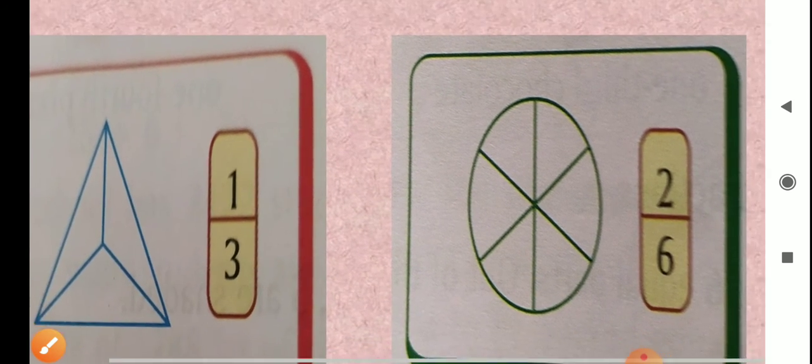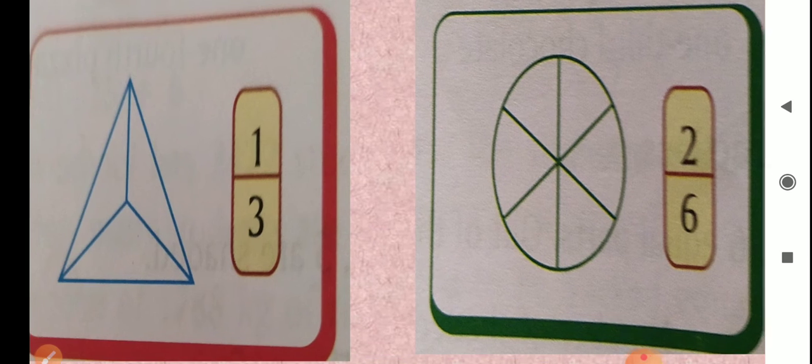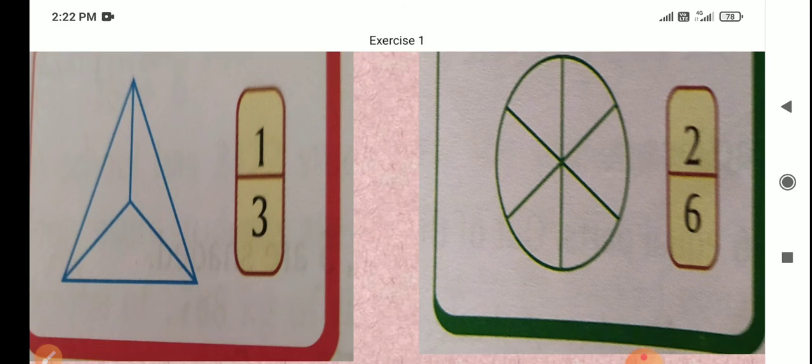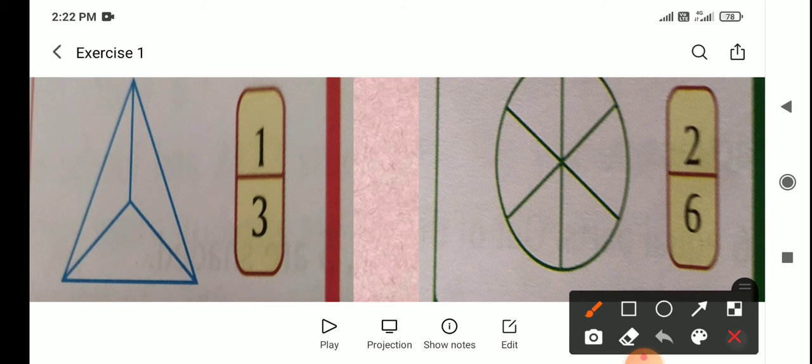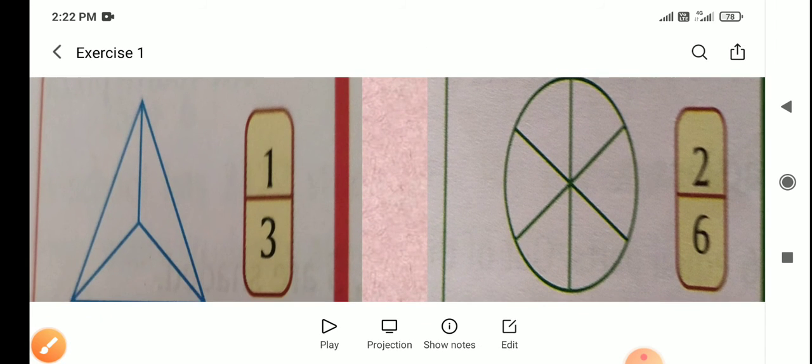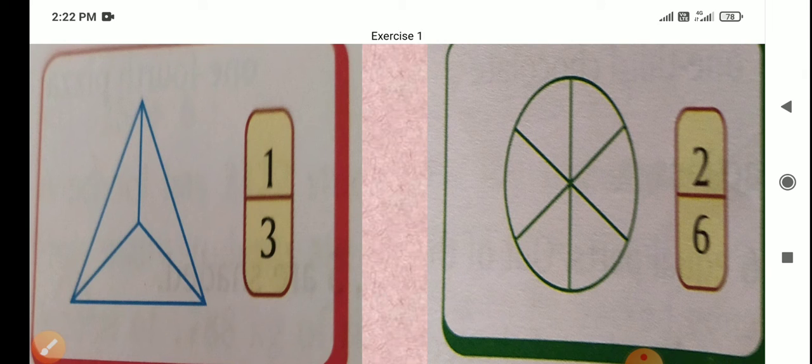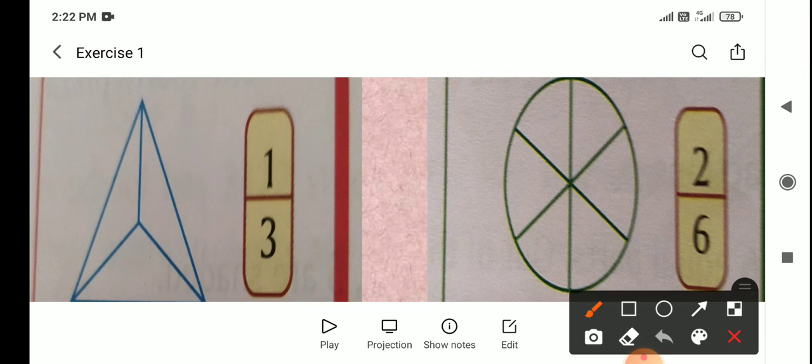In this way, we shade the given part. Now, the next question, 2 upon 6, means the total number of parts. Look here, students, the total number of parts are 1, 2, 3, 4, 5, 6. Total number of parts is 6. From that we have to shade 2 parts.